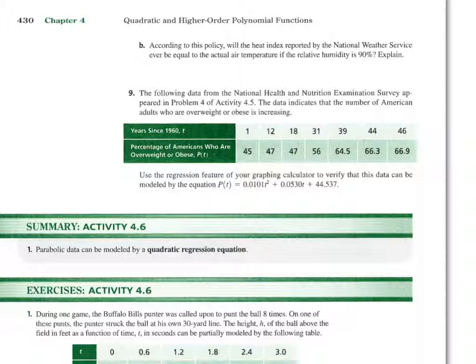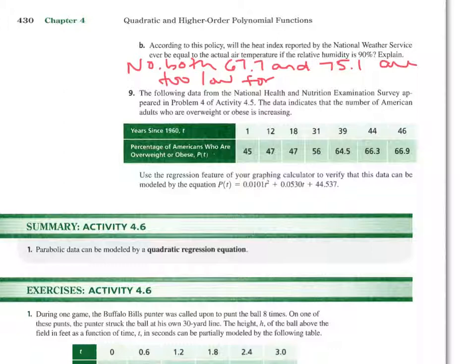Those temperatures were too low, 67 and 75. That would not be where they start reporting. So this would not really actually happen. So no, both 67.7 and 75.1 are too low for, I'm just going to abbreviate this, the National Weather Service to report.